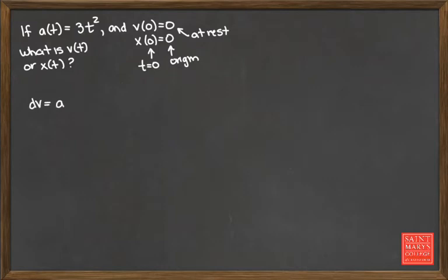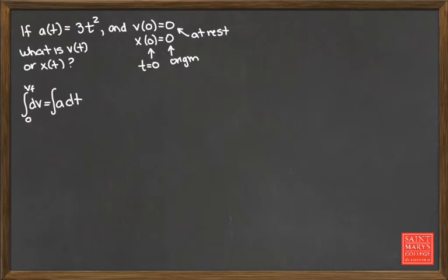Going back, we have this expression, which is always true. If I want to know velocity, I can always integrate it. I'm starting from my initial velocity, which we said is 0, and going to some final velocity. We'll call it v sub f again.